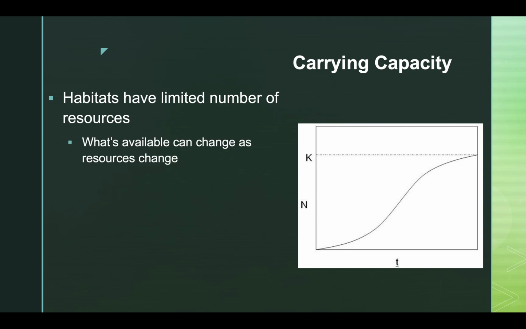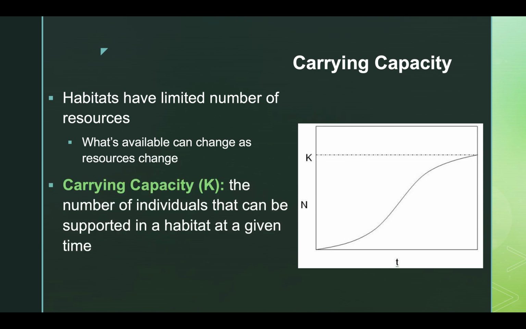The carrying capacity can change based on how resources change. So if you think about maybe a tundra area where in the summertime there are grasses available, but in the wintertime there aren't, we might see an increased number of individuals who feed on grasses that can be there in the summer than in the wintertime. But the official definition: carrying capacity, also known as K, is the number of individuals that can be supported in a habitat at a given time.